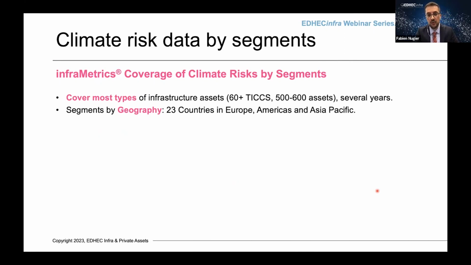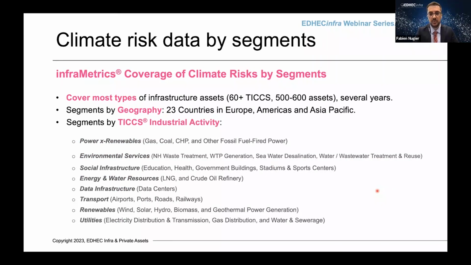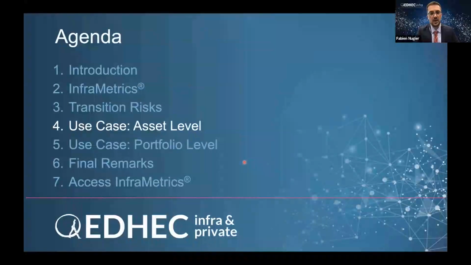And those assets cover 23 countries in Europe, Americas, and Asia Pacific. And finally, you can assess those emissions by TICS, either at the superclass level or the subclass level, like you can see in the parentheses here. So for example, you could look at the emissions at the power level for gas power plants, coal power plants, or wind farms in the renewable superclass. Right. Okay, so let's move to asset level predictions now.